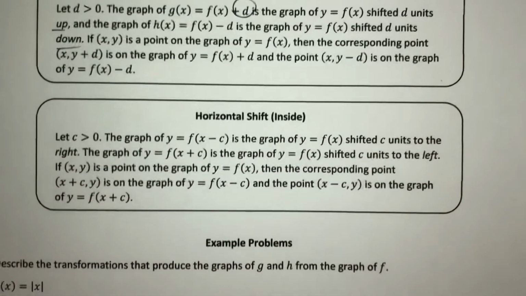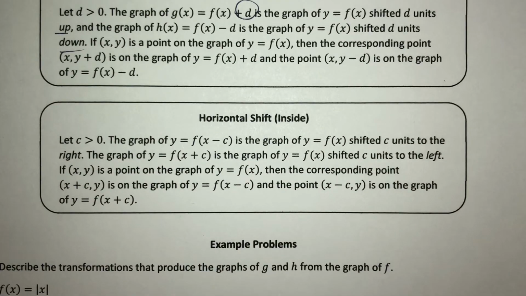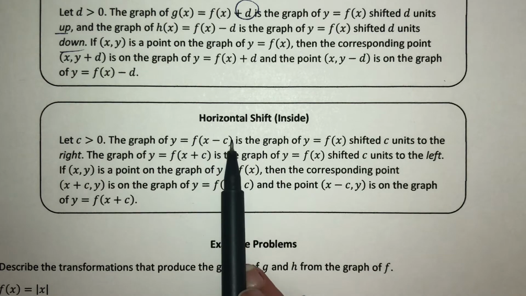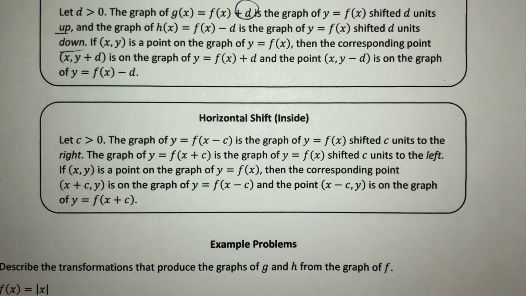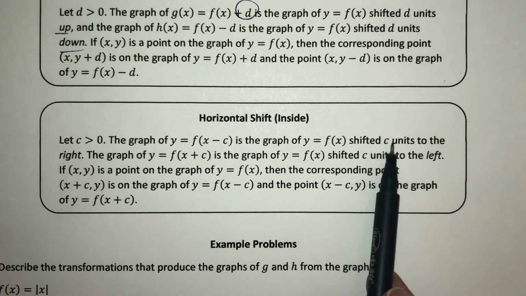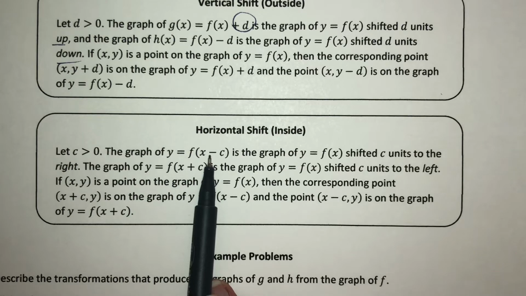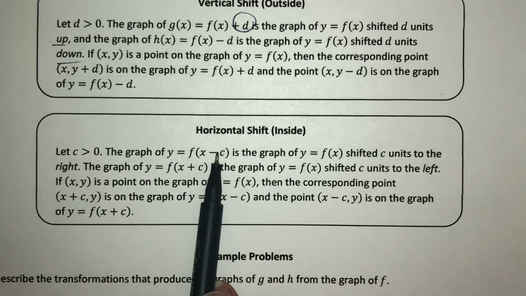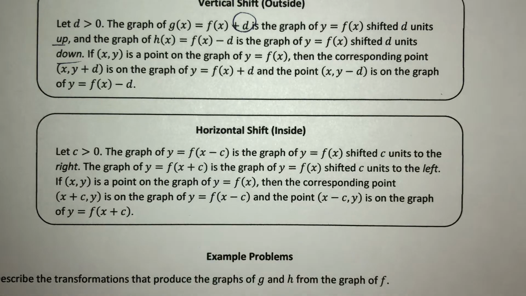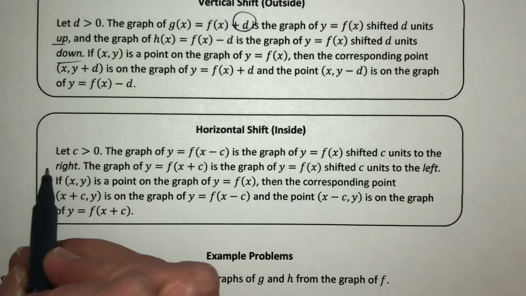Now, horizontal shifts, these seem backwards. If you notice right here, the way the definitions are written, the C value is positive, but then they give you a minus sign right here. If C is a positive number and we have a minus sign, then what we have is X minus a number. If you have X minus a number, you're going to the right.